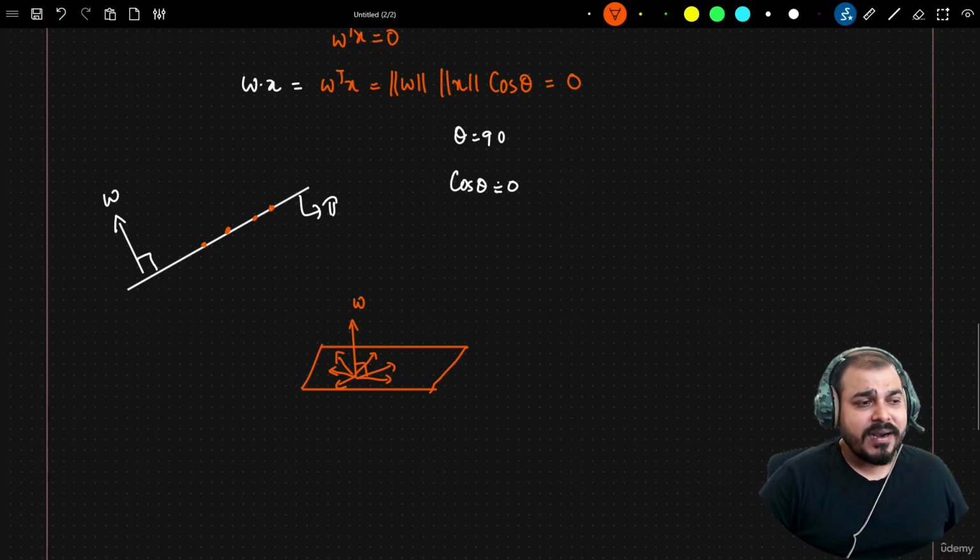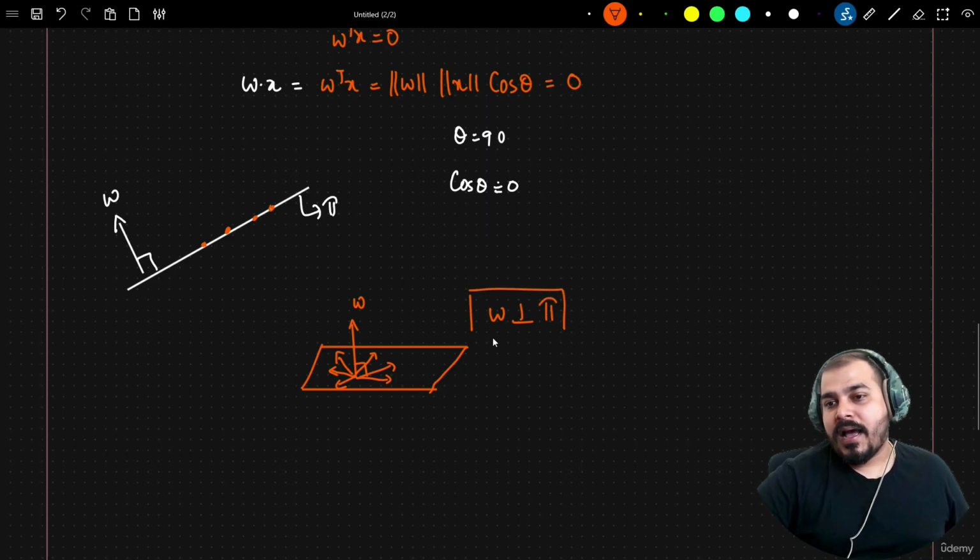So mathematically, we can mention that W will always be perpendicular to my plane, right?